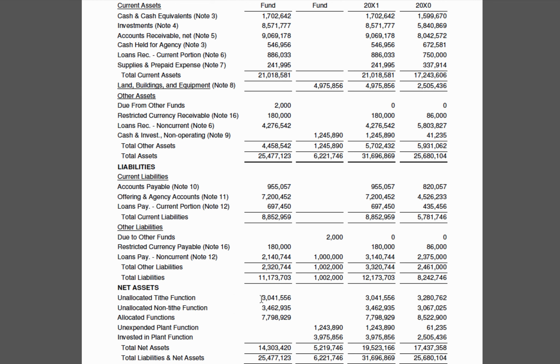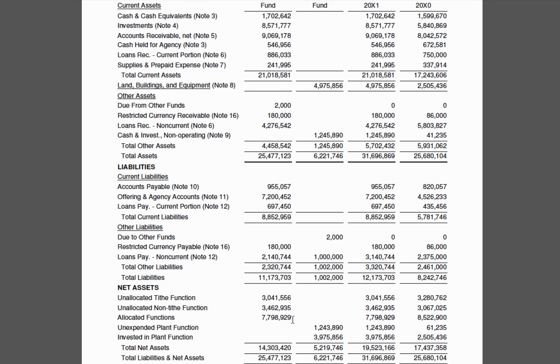And so $3,041,556 is claimed by the unallocated tithe function. $3,462,935 is claimed by the unallocated non-tithe function, and all of the allocated functions are claiming 77,98,929.